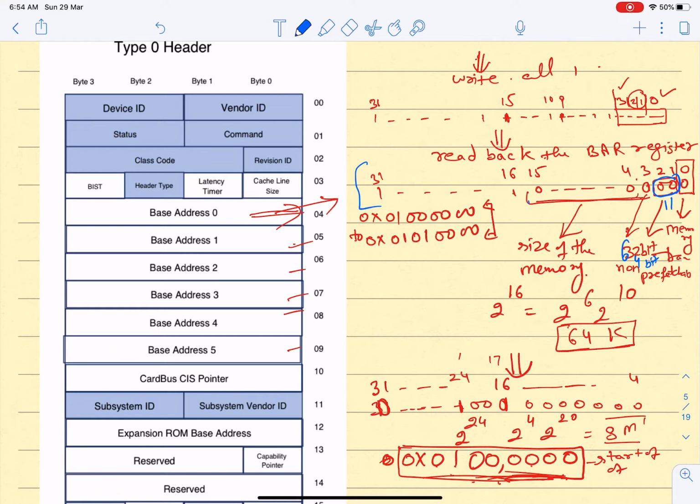Let us suppose that when the host is reading and writing all the base address registers, for the first 0, 1, 2, it finds that it is 32-bit address space and it configures as per the process I explained here. But when it reads base address register 3, it finds that this lies in 64-bit address space.